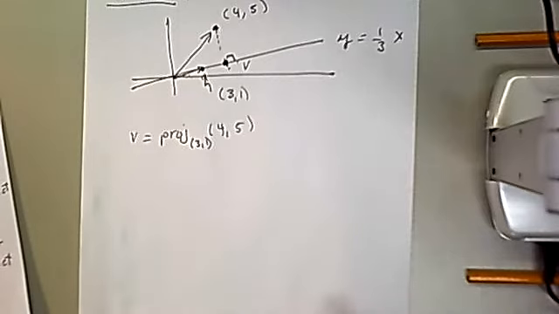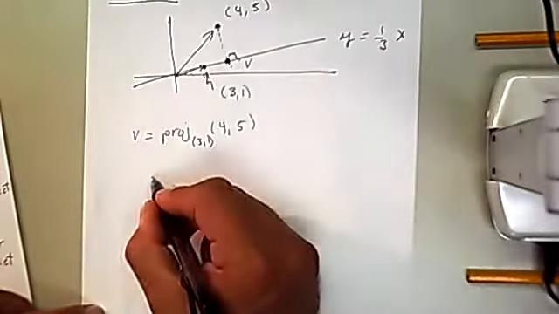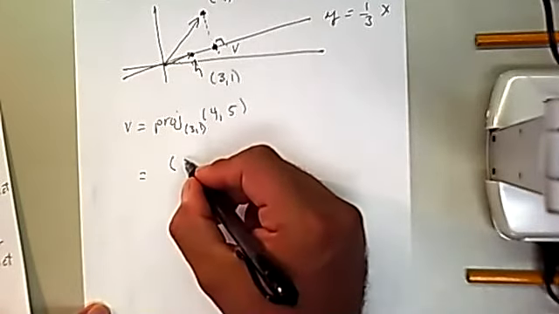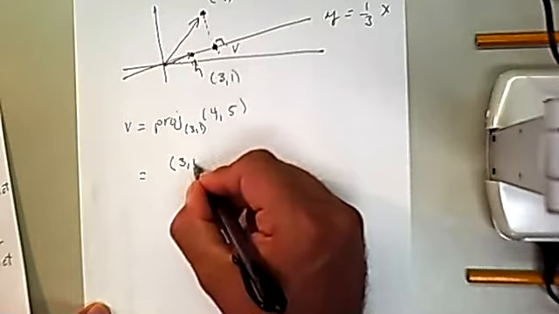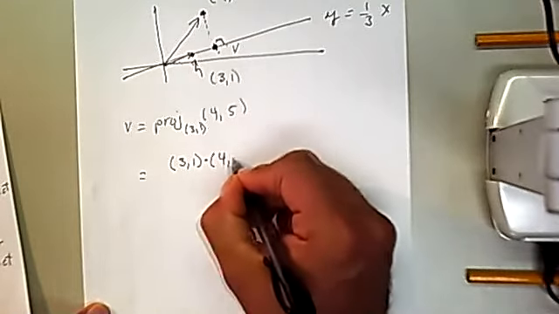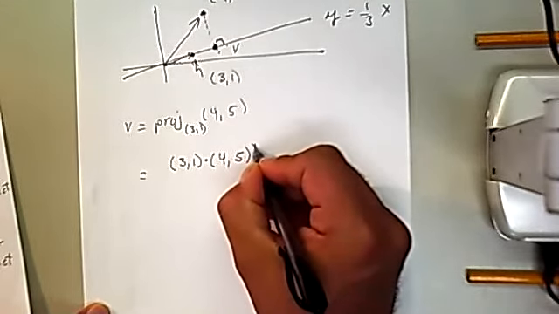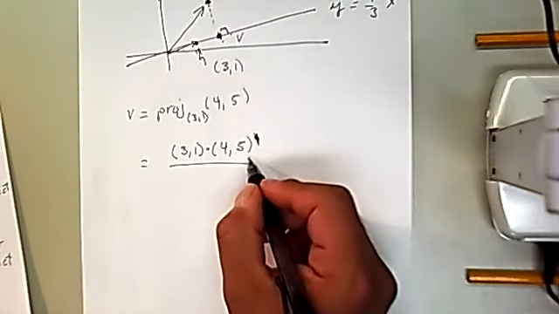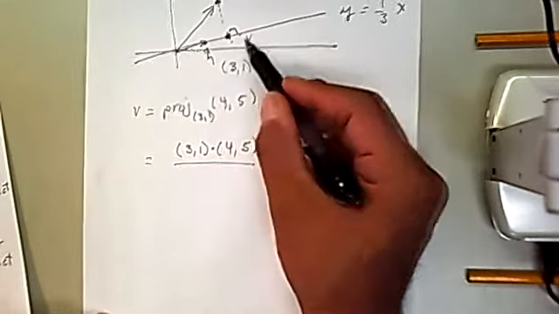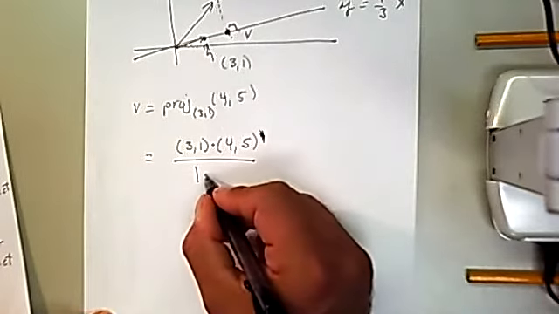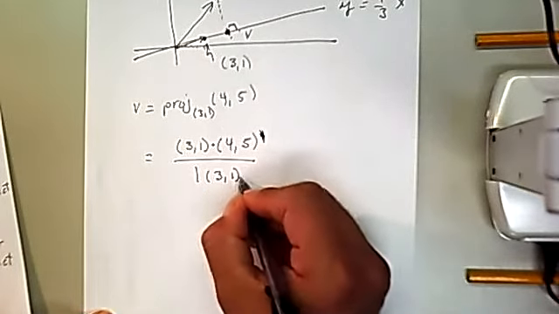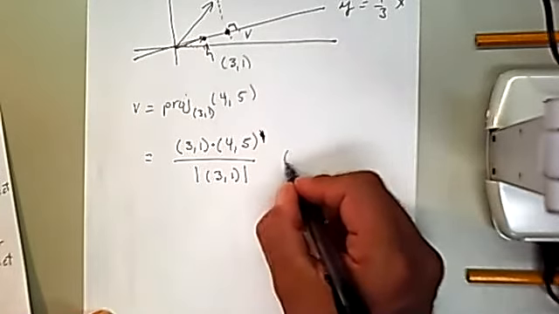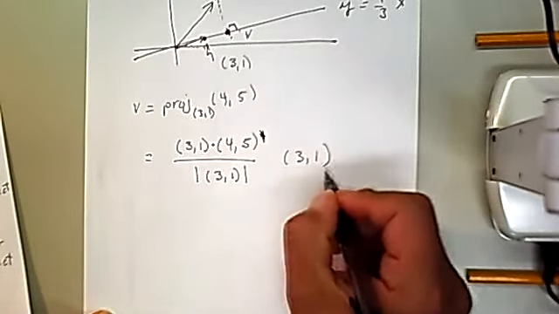So multiply the two vectors. So this is equal to the dot product of (3, 1) dotted with (4, 5). Divide by the magnitude of the vector we're projecting onto, (3, 1), and then multiply scalar multiplication with (3, 1) itself.